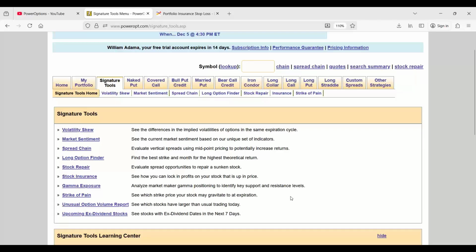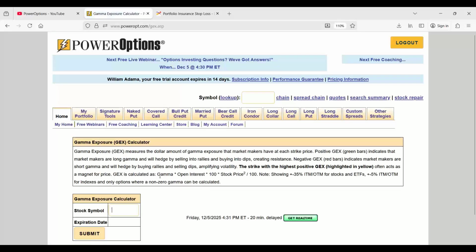Gamma Exposure, though. All right, Gamma Exposure. This came to us from a customer who wanted to know about this idea. It's been around for a while, but it's been building in popularity over the last maybe year, especially in the last 6 to 8 months.